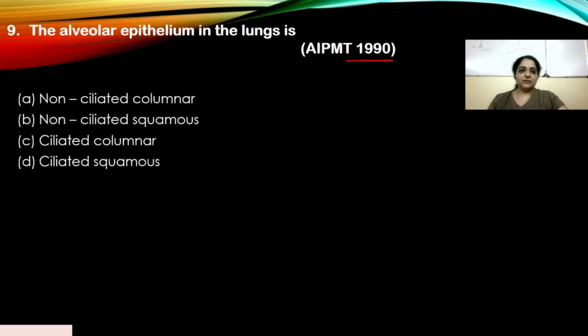The alveolar epithelium in the lungs is A, non-ciliated columnar. No. B, non-ciliated squamous. Yes. C is ciliated columnar. No. And D, ciliated squamous. No. So the correct option is B. You need to remember the alveolar epithelium in the lungs is non-ciliated squamous.